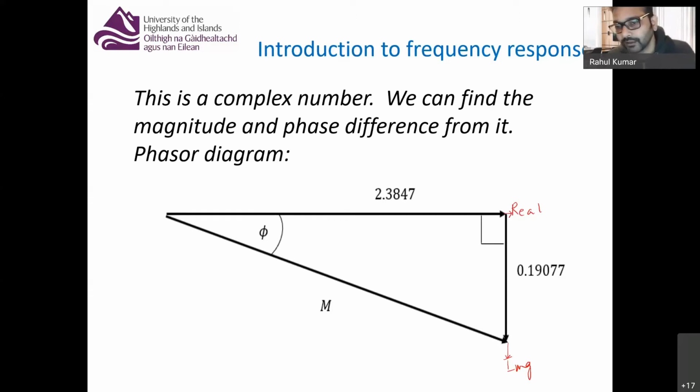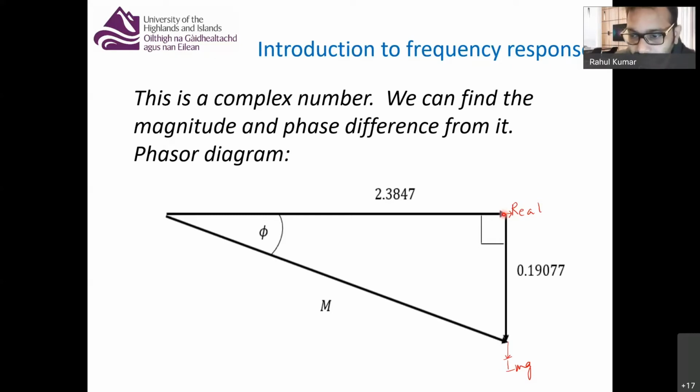Okay, so accordingly, I think you are aware how to draw a phasor diagram. Depending on the value and the scale that we are using, the length along the x-axis is decided, and it corresponds to 2.3847, the real part of the number which we have got.